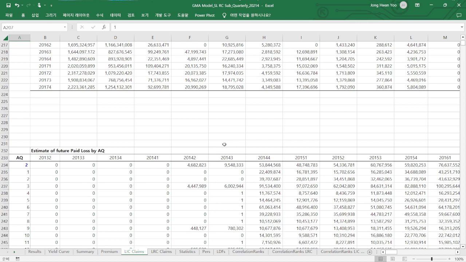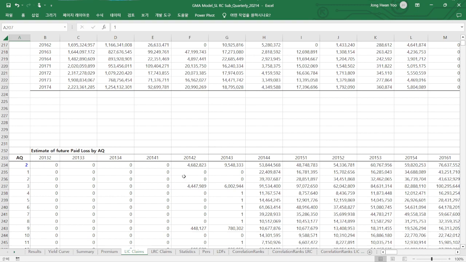So 1,000 probably would be enough. But for automobile or non-life P&C, I would suggest 10,000 or 50,000, even 100,000 simulations. It doesn't take that long. I mean, this is Excel based, but when you program it and build the system, it's going to be a lot faster. It gets faster in the near future, right?